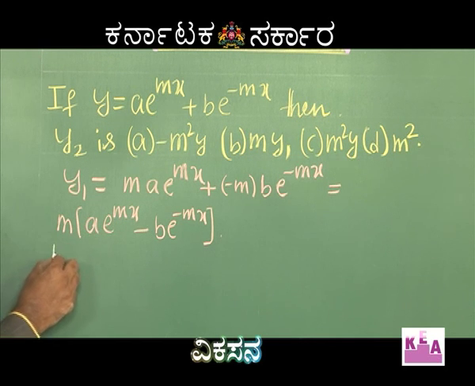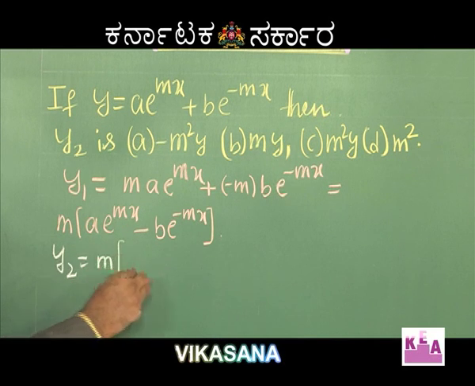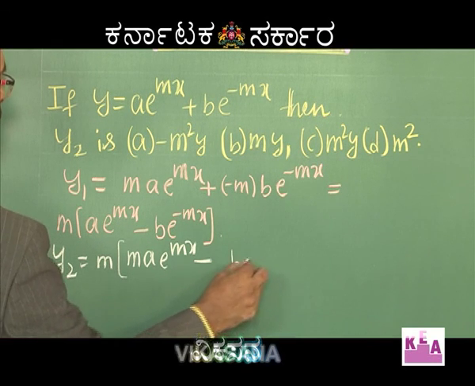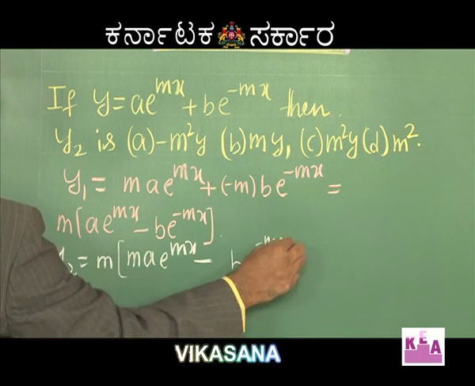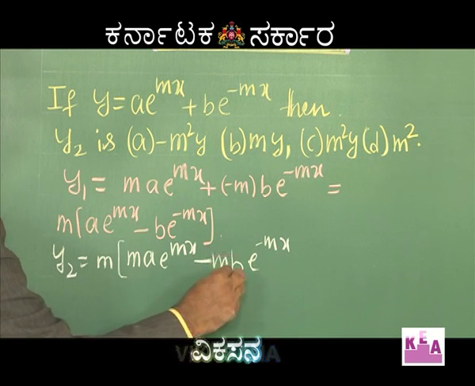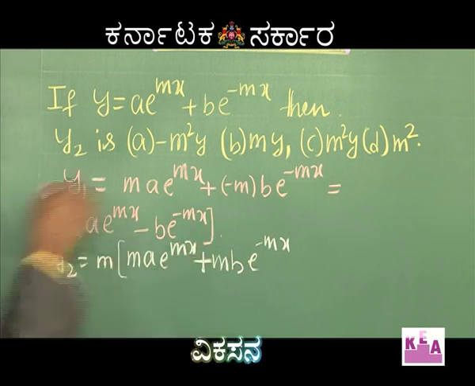Then what is y2, dear students? y2 is given by, keep m constant, differentiate A e power mx, we will get m A e power mx minus, we have B e power minus mx, differentiation of e power minus mx is minus m B e power minus mx, this will become plus.